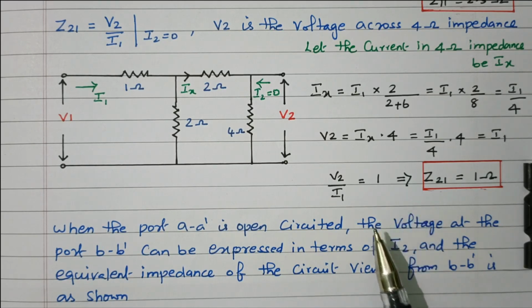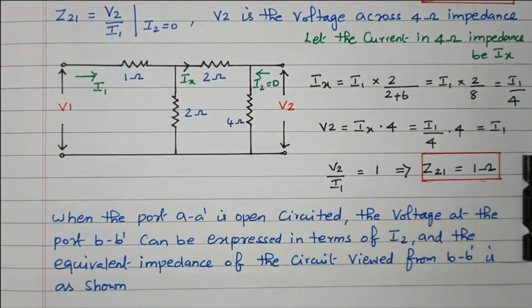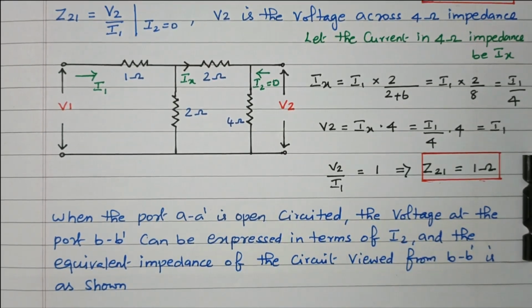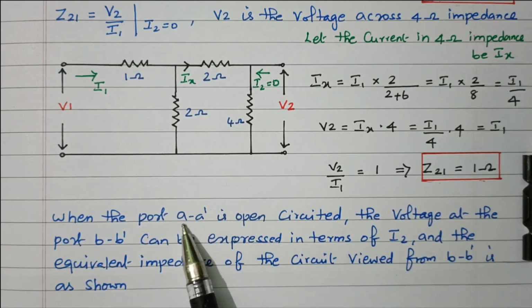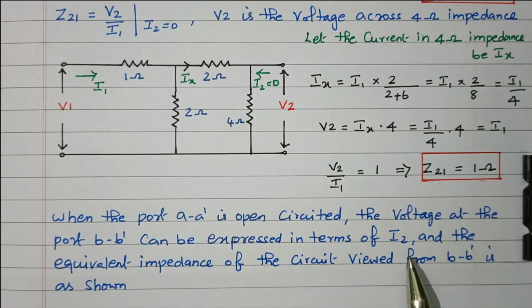Now we will go to the next part, by making A dash open circuited, so that we can find the remaining two impedance parameters. When the port A dash is open circuited, the voltage at the port B dash can be expressed in terms of I2. While making port A dash open circuited, automatically I1 is 0. So we need to express in terms of I2.